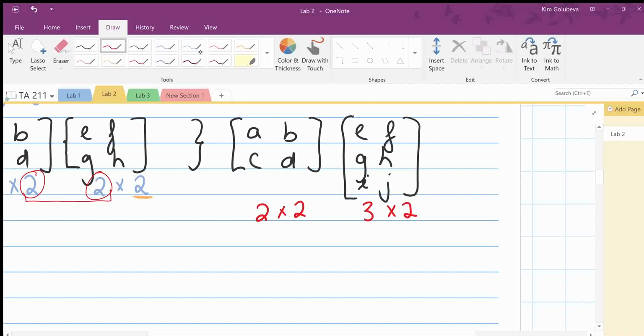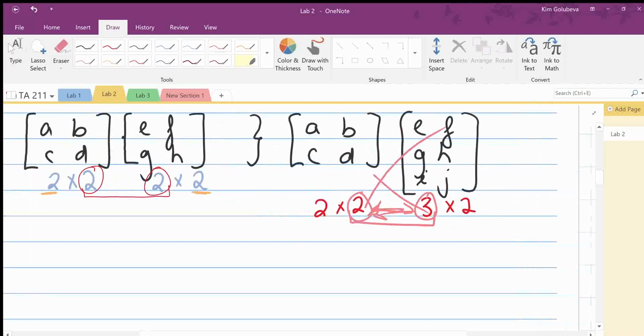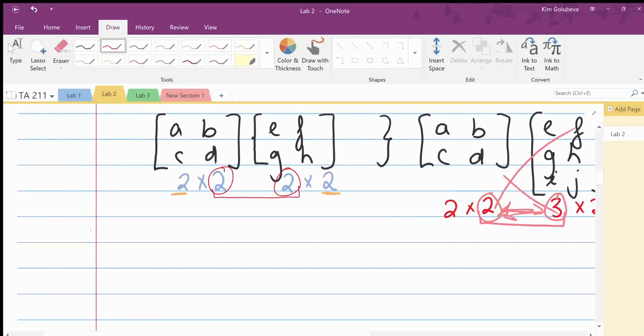You can already see that we have a 2 here and a 3 here, which means that they cannot be multiplied together. So you have to make sure that these inner dimensions are the same for multiplication. Inner dimensions must be equal.